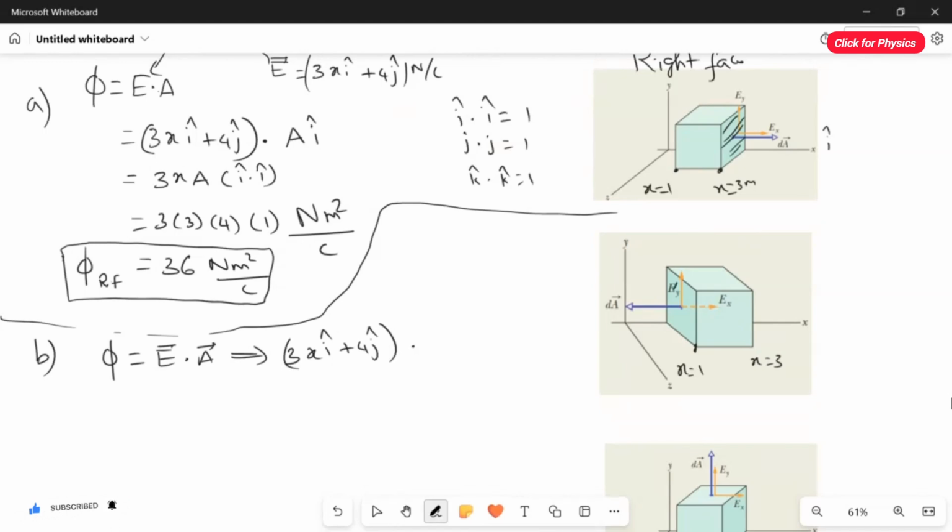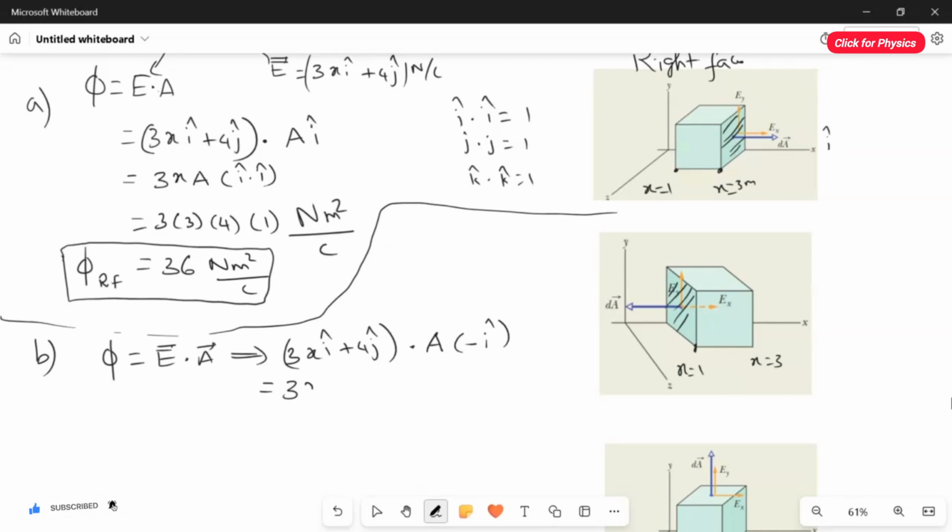We consider only the left side of the face, and you can see the normal of the left side is pointing towards the negative direction of x. So we have to write area multiplied by negative of I cap. Why negative of I cap? Because the area vector is pointing towards the negative direction of x. Now I have to multiply only I cap with I cap.